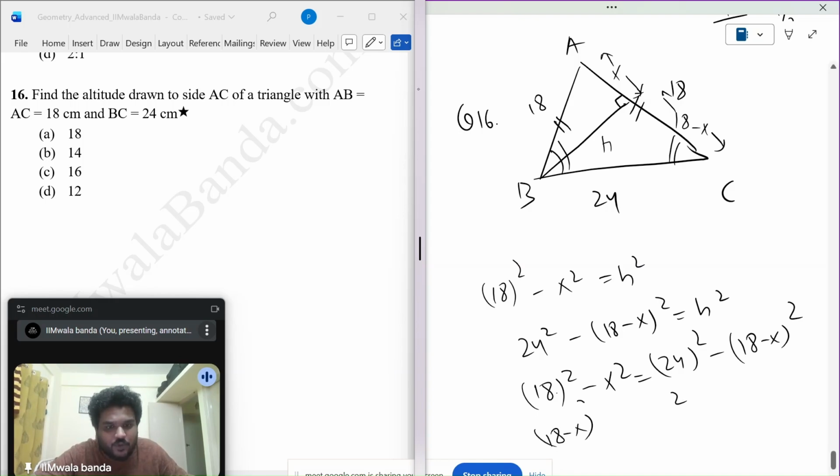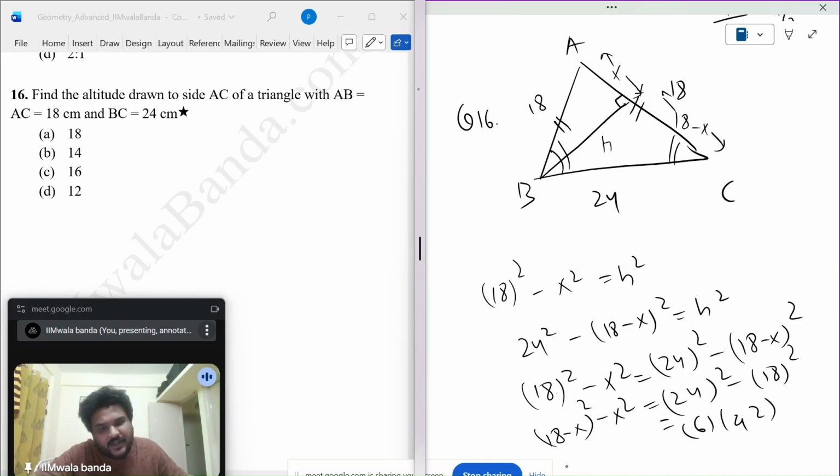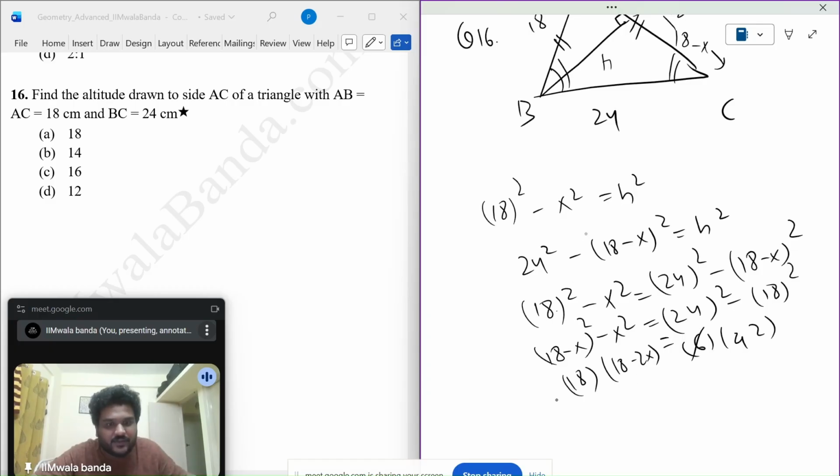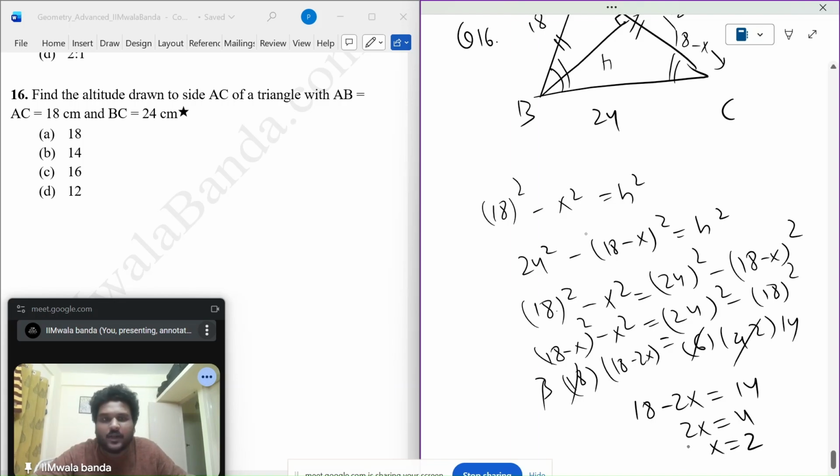18 minus x whole square minus x square is equal to 24 square minus 18 square. So this is 6 and 42. And this is 18 minus x plus x and 18 minus x minus x. So can I say 6 threes are 18, 18 minus 2x is 14, 2x is 4, x is 2.